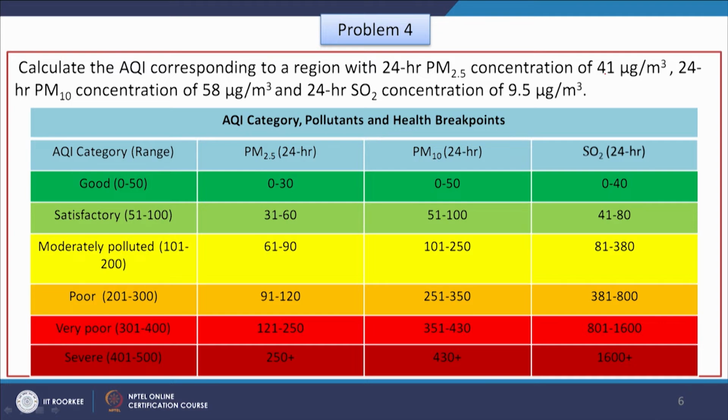Cp is given here for different pollutants, for PM 2.5, PM 10 and SO2. We will calculate the corresponding BHI, BLO, IHI and ILO from this table, get the individual indices, and find the maximum value of the individual indices, which will be our overall value of the ambient air quality index.